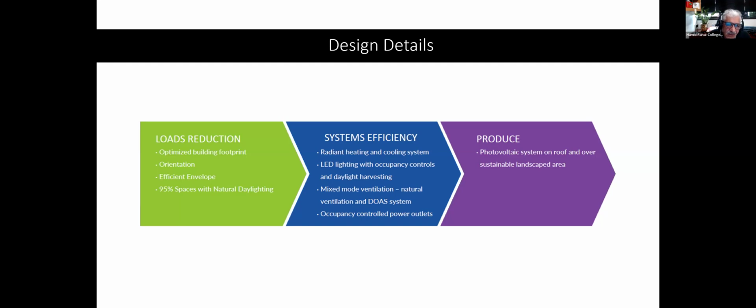So that's the orientation. Efficient envelope of the building is based on the location on the campus site. So that's where access is. It's very accessible to the students and also the public. This building has also been used for many trainings and meetings, both from the campus and from outside.